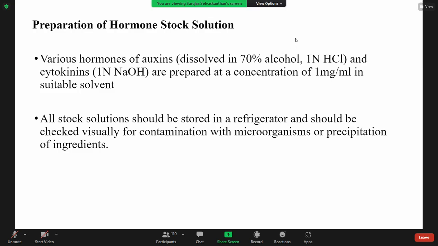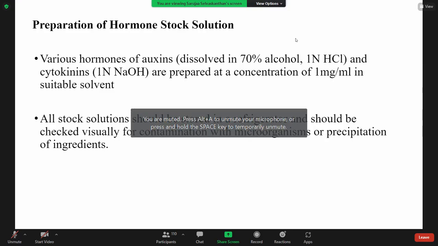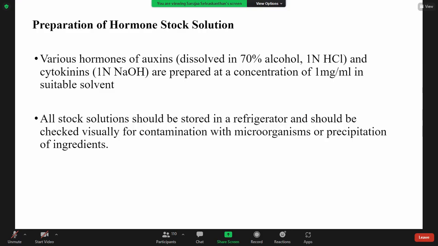It depends, because hormones are not directly dissolved in water, right? For the dissolution, we have to add alcohol or HCl or NaOH, right?